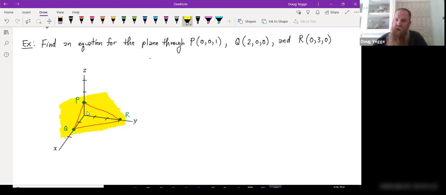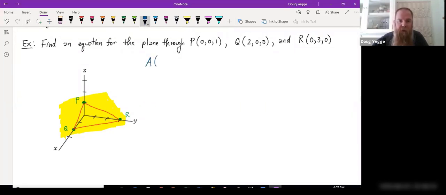And so in order to find the equation of the plane, keep in mind what we need. We need a normal vector to the plane, and we need a point on the plane. So that's pretty much all we need, right? So let's write out the form in general, okay?